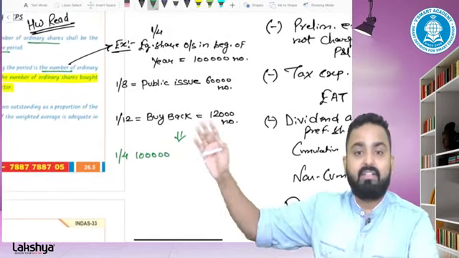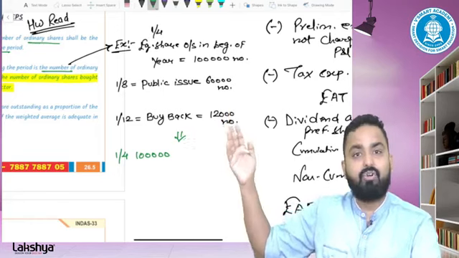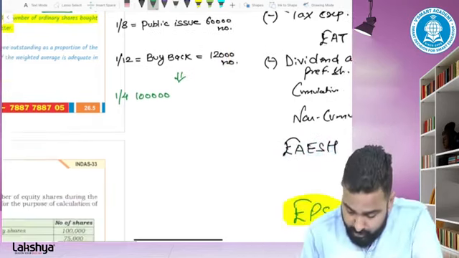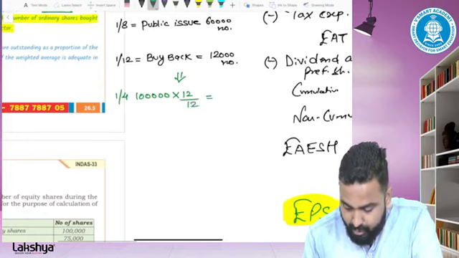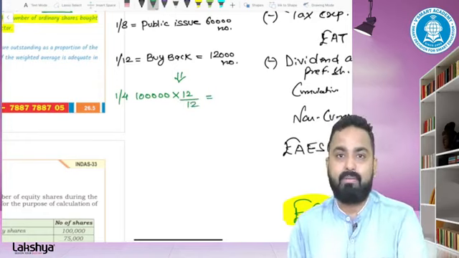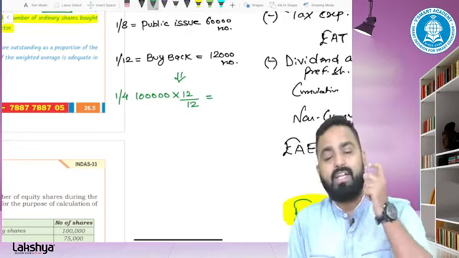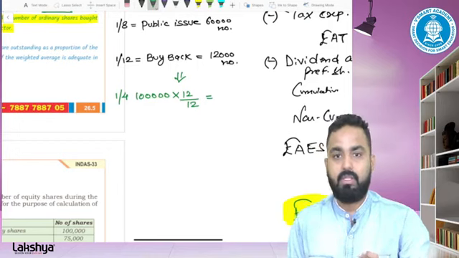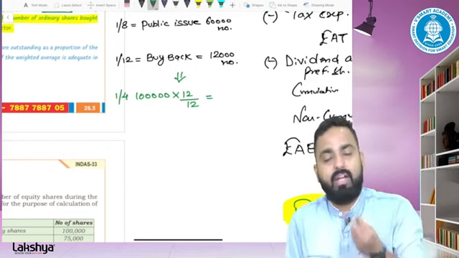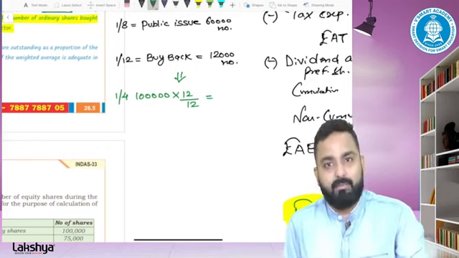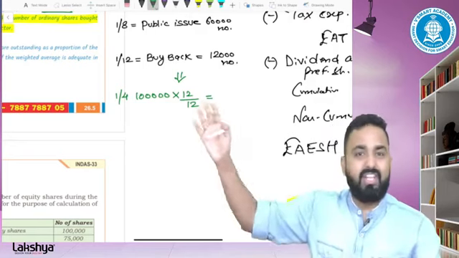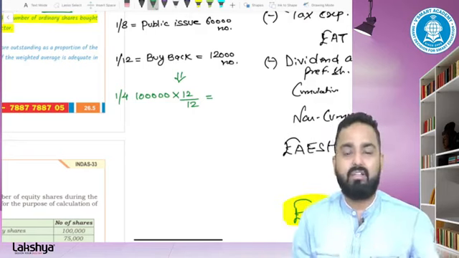Since these are outstanding since the beginning, these were outstanding for the entire year. So multiplied by 12, divide by 12. What is this multiplied by 12 and divided by 12? It is a time weighting factor. See, 12 are the total months in a year, and these shares were outstanding for the entire year since the beginning.